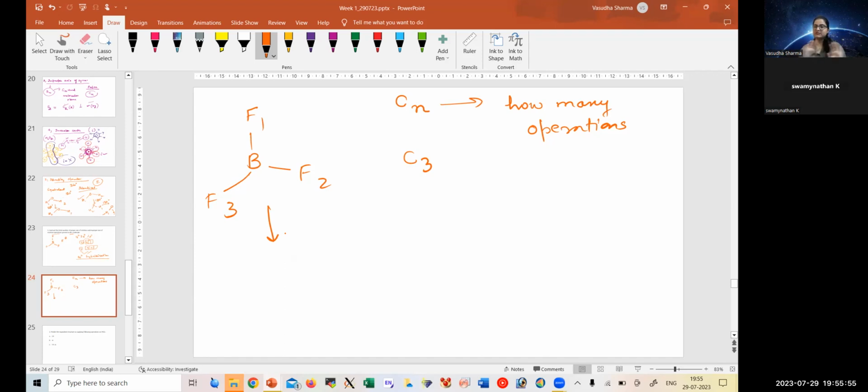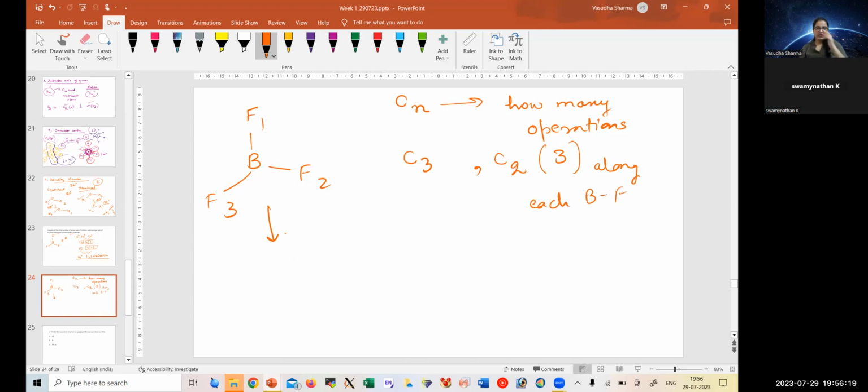C3 becomes the highest, right? Yes. Is there any lowest one? C2 is there. Along one BF bond, the other 2 will become reflections. There are 3 C2 axes also, along each BF bond, right? Yes, ma'am.